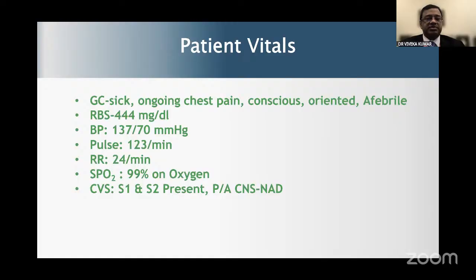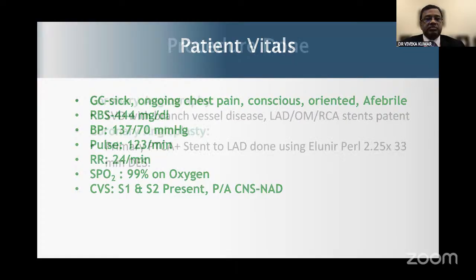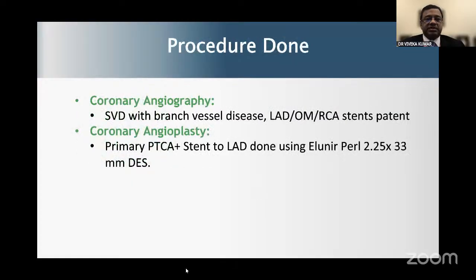You can see the random sugar was 444. He had tachycardia, heart rate was 123, blood pressure was okay, 137/70. Oxygen saturation was 99%, and on the coronary angiogram, it was a single vessel disease. So primary PTCA stent to LAD was done.